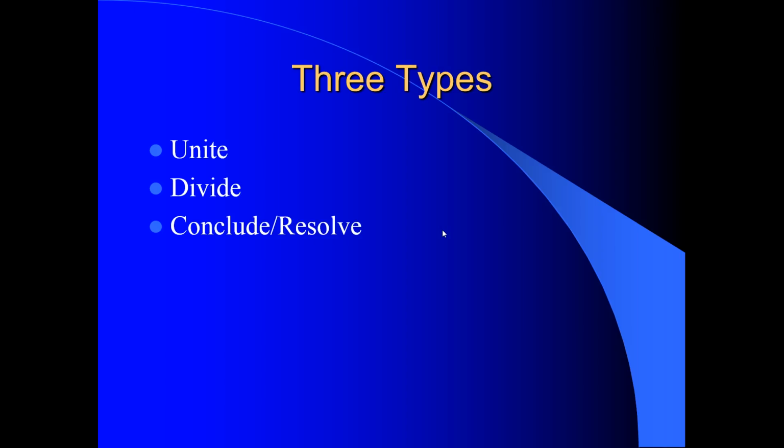Now, there are some transitions that can cross over into multiple categories, but at least initially, I want you to think of them as being part of one of three categories: transitions that unite ideas, transitions that divide ideas, and transitions that conclude or move to conclude the text or move the reader toward a resolution of some sort.